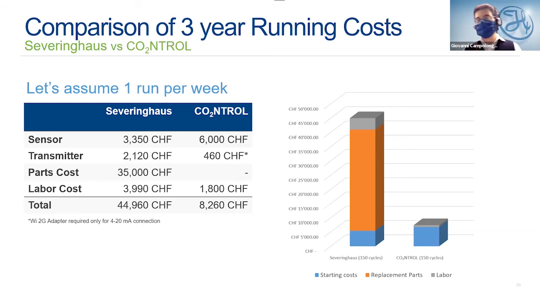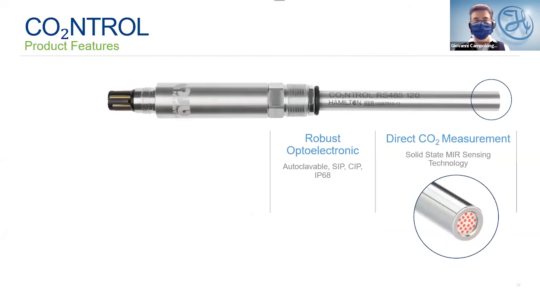So if you consider the cost along these 150 cycles or 3 years, you see the difference. So it's not just probably the most accurate inline dissolved CO2 measurement technology you can have, it's also the most cost efficient. So much about its robustness.